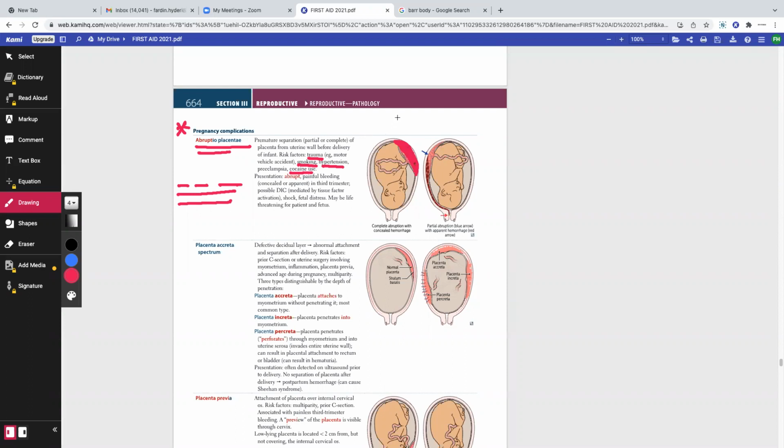The answer is cocaine is a vasoconstrictor. Very good. A mother abusing cocaine is also at risk of having abruptio placenta, for the same reason: with vasoconstriction, the blood supply will not be adequate, and the tissues will become severely lax and loose, and they might come off. And another one is preeclampsia.